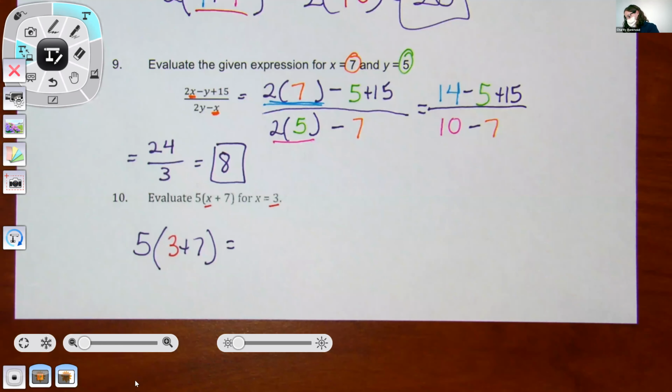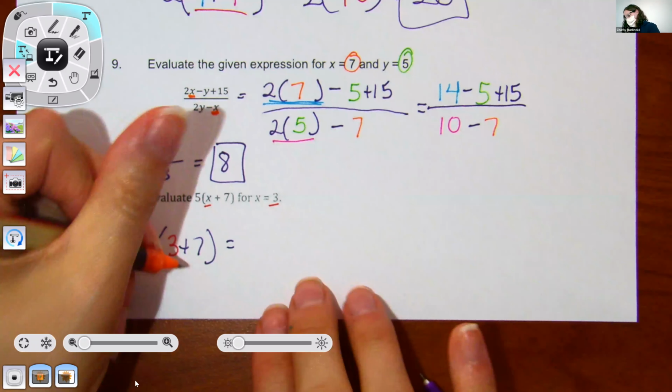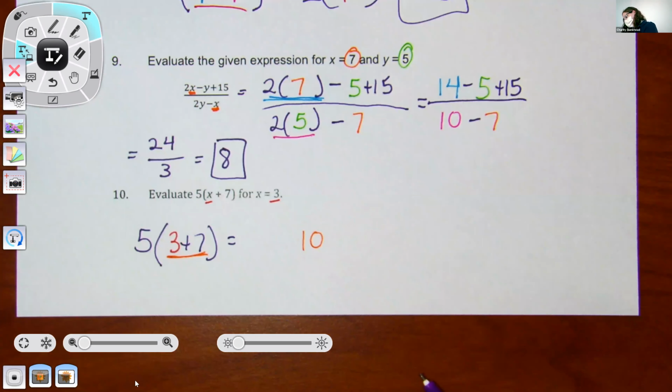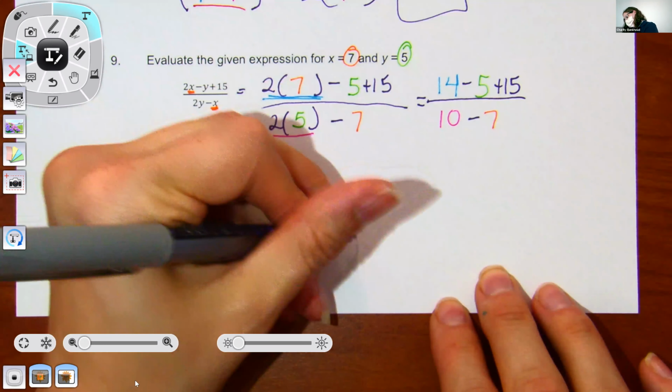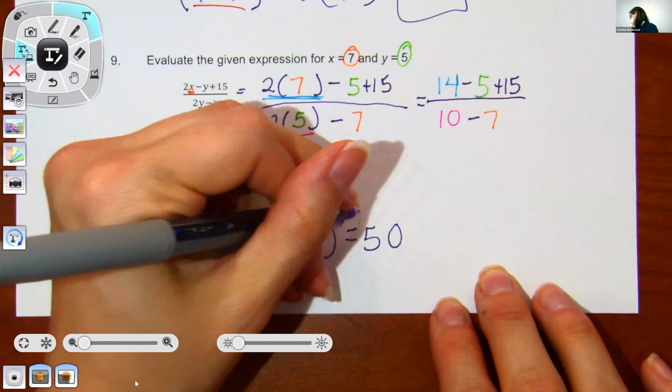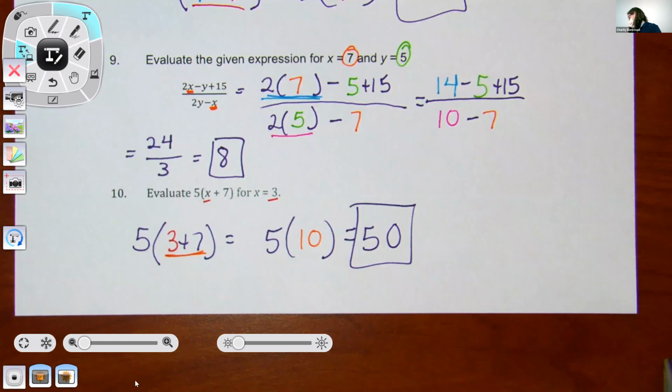So 3 plus 7 is 10, and then it's 5 times 10, so that equals 50. All right, anybody have any questions about that?